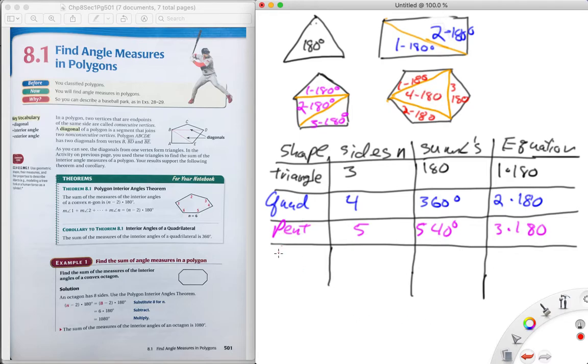Alright, so then for a hexagon, I have 6 sides, at 720 degrees. And that would be the same as multiplying 4 triangles times 180 degrees.